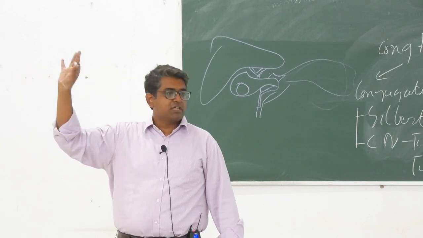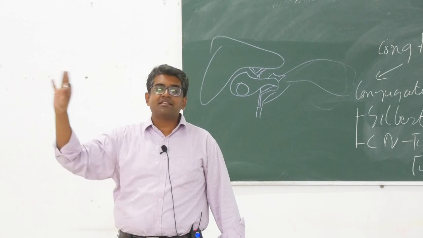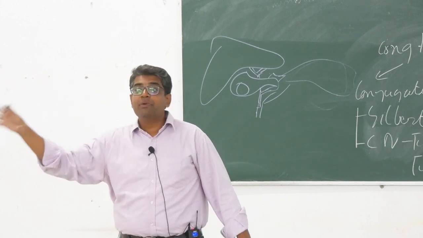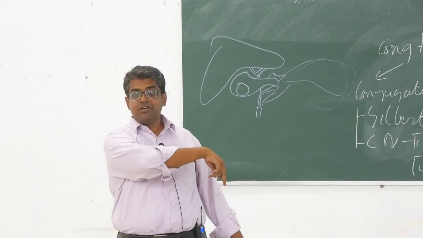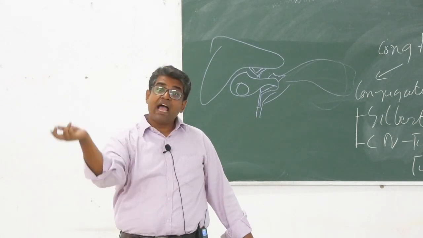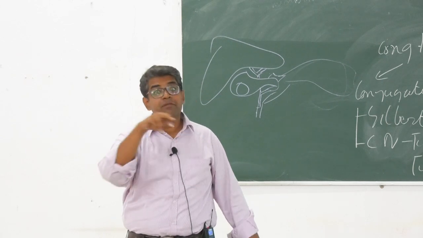Okay? Rotor is the only one which has an autosomal dominant predisposition. It is also basically autosomal recessive, but it has an autosomal dominant predisposition.